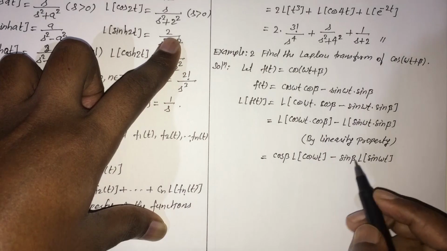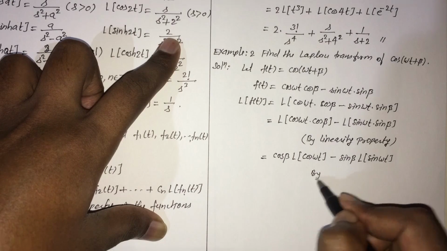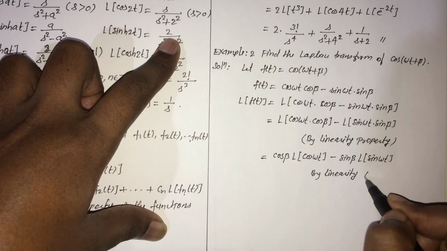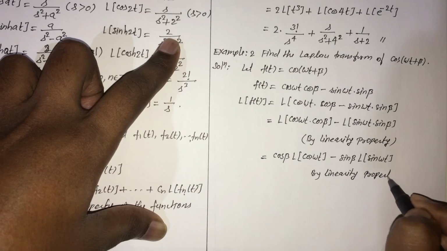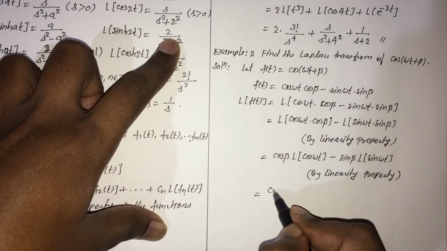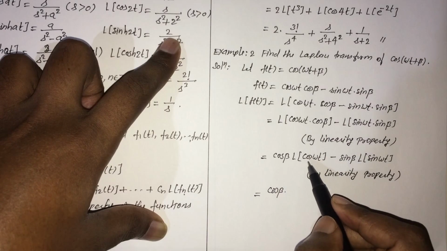Why is this so? Because of linearity property. So this equals cos beta into, what is the Laplace transform of cos at?